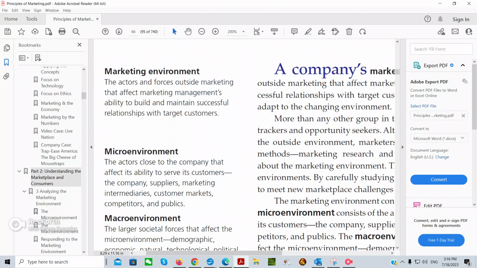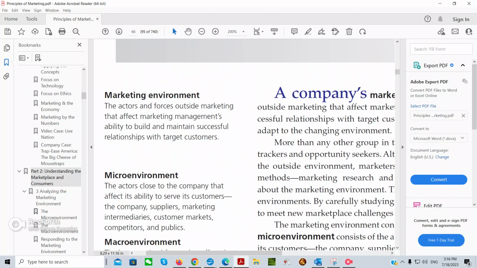Let's talk about some key terms, and then we'll go into detail. Okay. There's three key terms you want to talk about when we talk about this first objective. First, let's define what marketing environment is. It's the actors and forces outside marketing that affects marketing management's ability to build and maintain successful relationships with target customers.